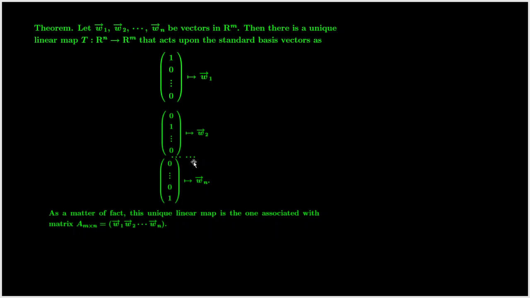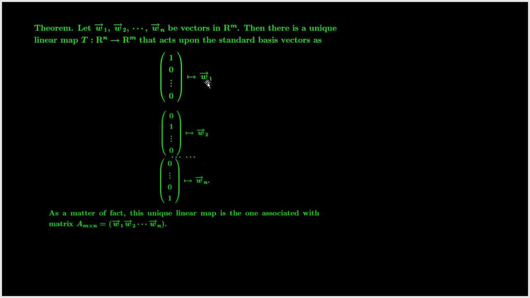On the left-hand side, you have all the standard basis vectors. For instance, in R3, the standard basis vectors are i, j and k. I believe you can recall that. In this particular case, these are the standard basis vectors in Rn. n can be anything: 4, 5, anything.